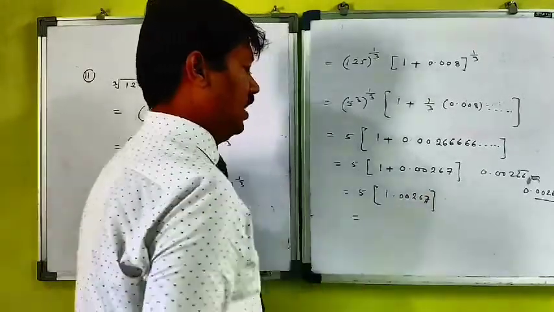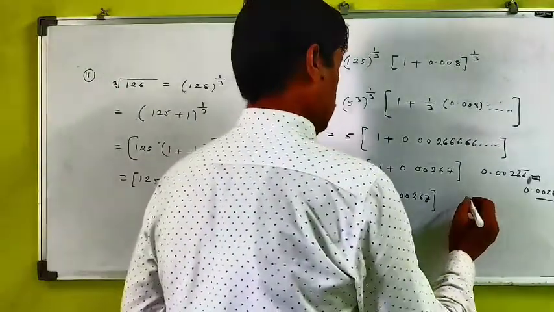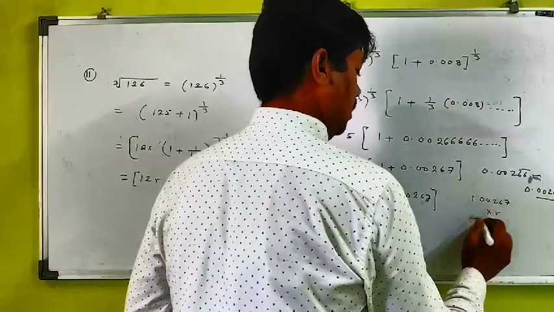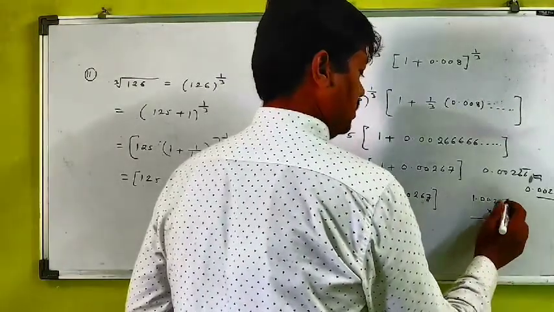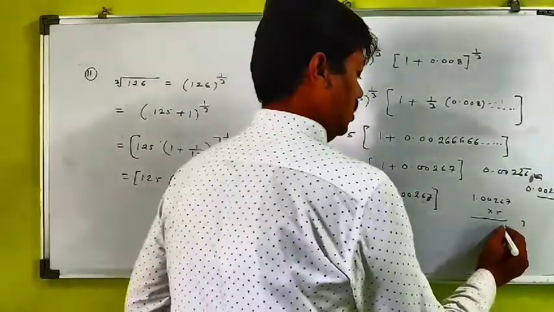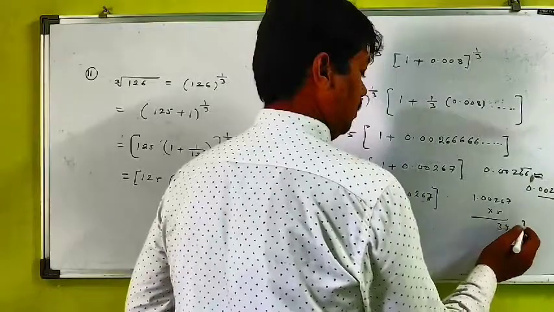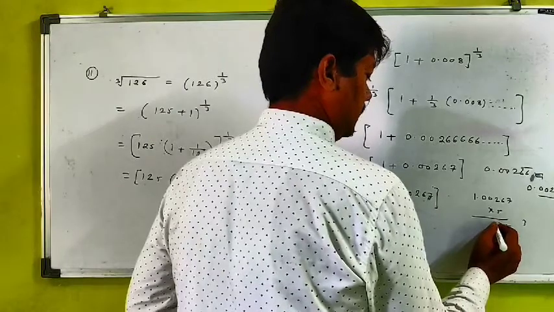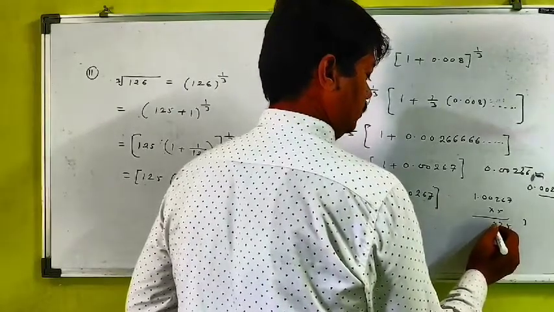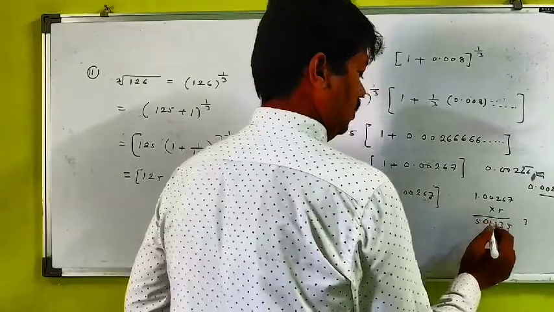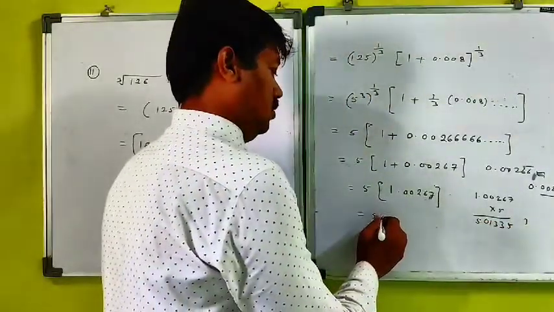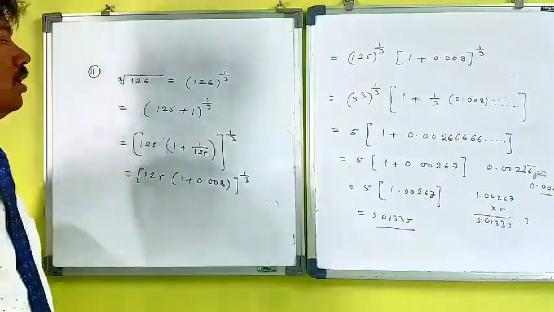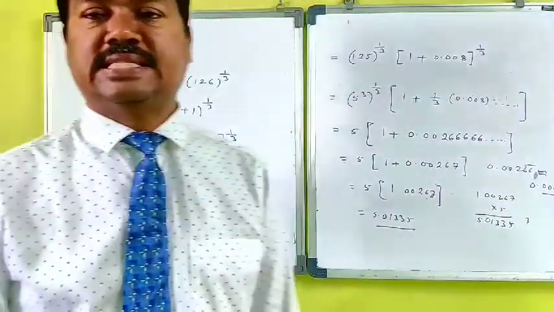After multiplying this by 5, 1.00267 into 5, 5 7s are 35, 5 6s are 30, 30 plus 3, 33, 5 2s are 10, and this becomes 5.01335.